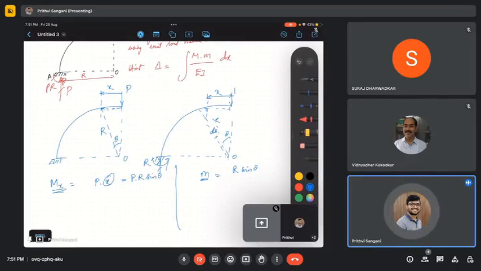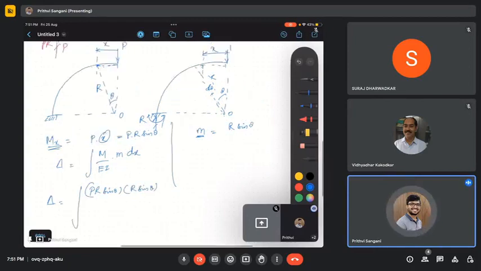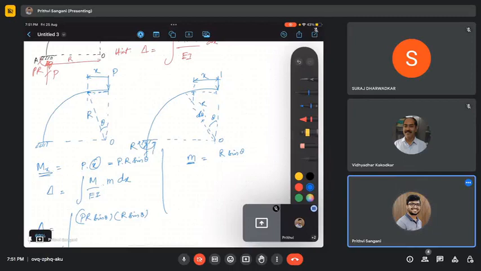Capital M is nothing but again, you need to follow. So delta is nothing but M by EI times m dx. So what is M? P r sine theta. Lowercase m is r sine theta. So how do we find dx? dx is r d theta, right?